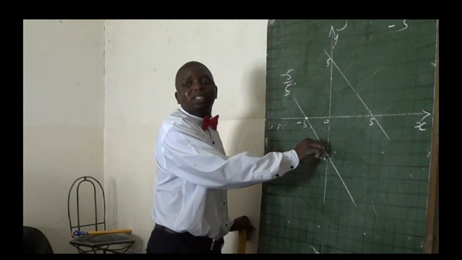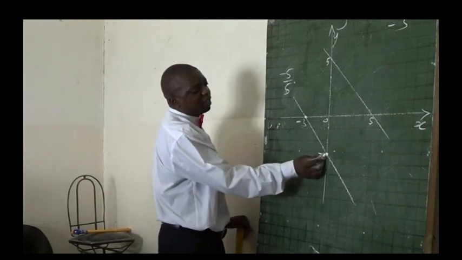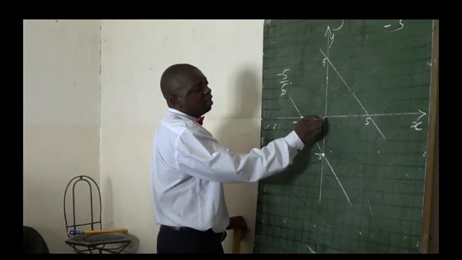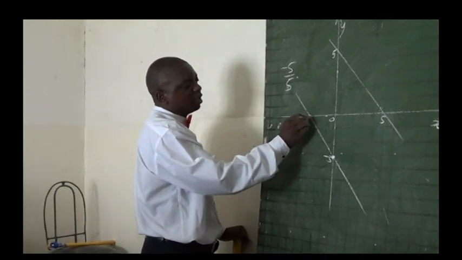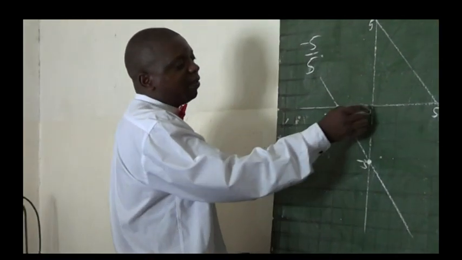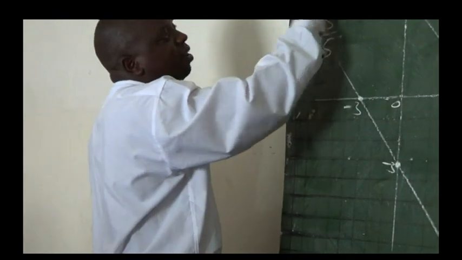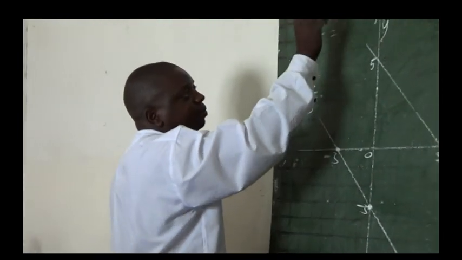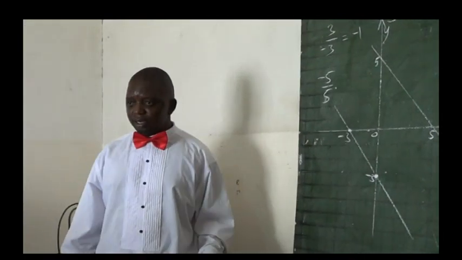We are only talking of the distances. The vertical distance is 3 and the horizontal distance is 3, but negative. So 3 over minus 3 gives minus 1.